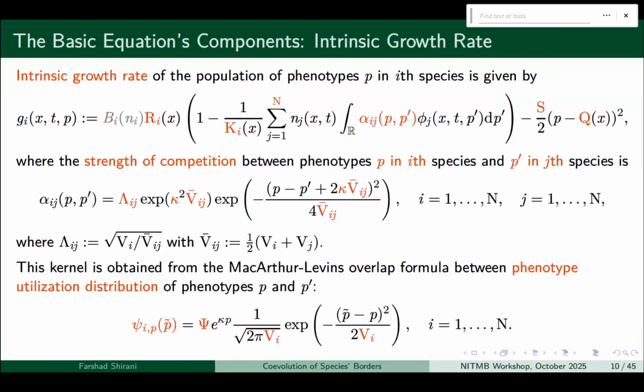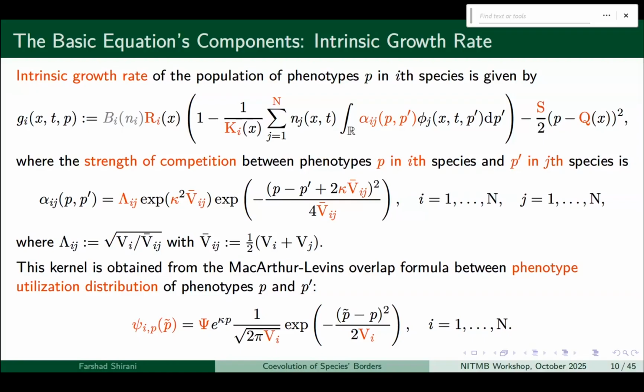Let me show you the ingredients, which are relatively classic. The intrinsic growth rate comes from logistic growth. We can have an Allee effect, and then the maximum growth rate of the population, the carrying capacity, and competition shown by this kernel. Competition is phenotype dependent, and natural selection is going to act and penalize the phenotypes which are different from the optimum phenotype imposed by the environment.